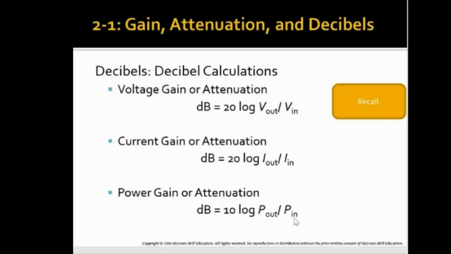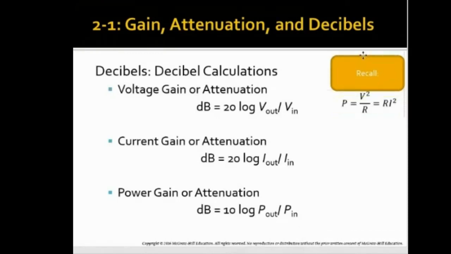I want somebody to explain why for voltage and current we have a coefficient of 20 times log, but when it comes to power it is 10 times log. Can anyone explain in electrical systems or circuits?